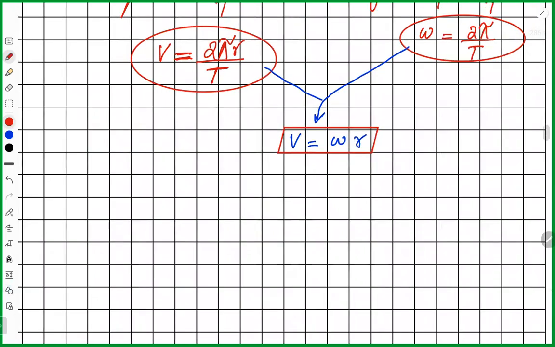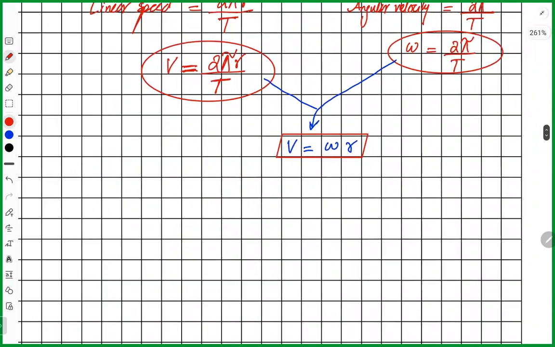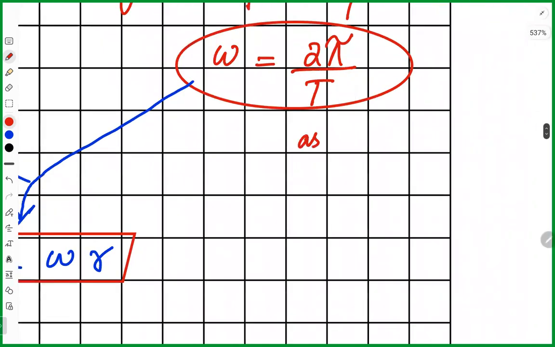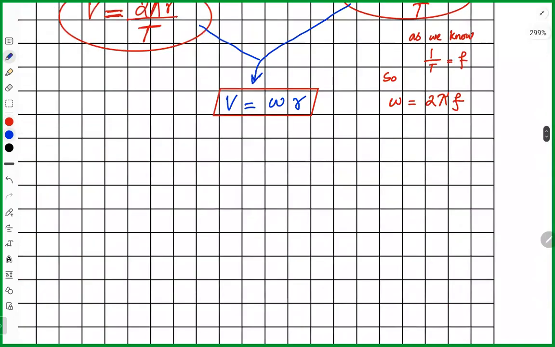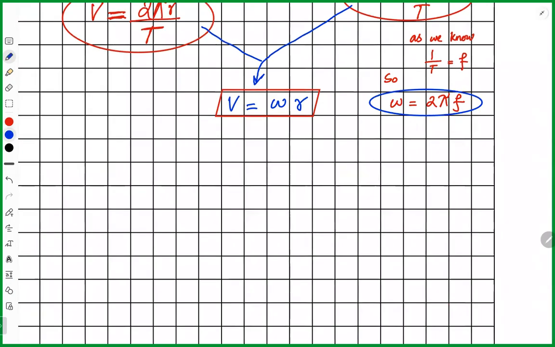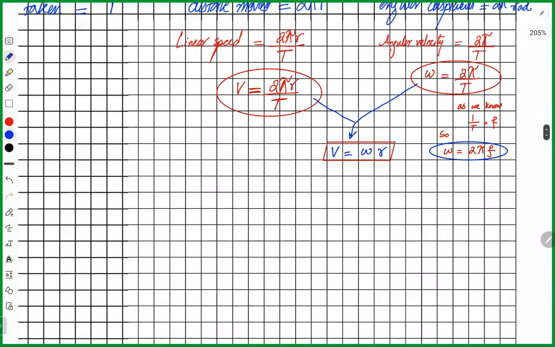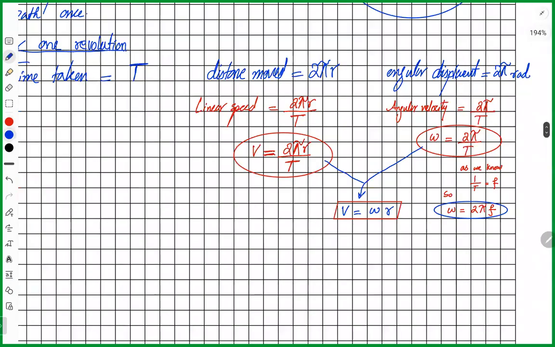Now, as we know, 1 over T is equal to f. So omega equals 2 pi f as well. So this is another form of the same formula. Okay, so too many formulas, I guess.